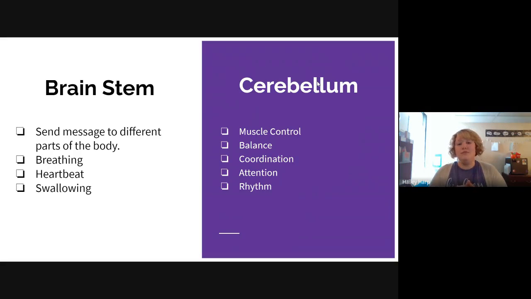Remember when some of our teachers do a rhythm and you're supposed to repeat it? That's how we were able to tell, because our cerebellum is working with our brainstem in order to repeat that together. So those are the two different parts. We have our brainstem and cerebellum, and they work together to make us alert.